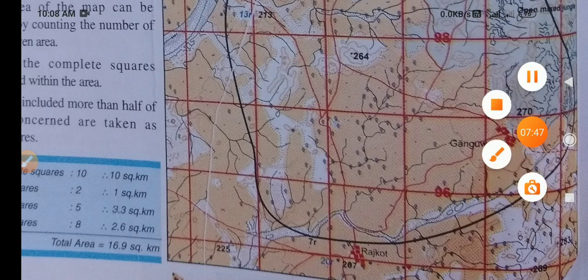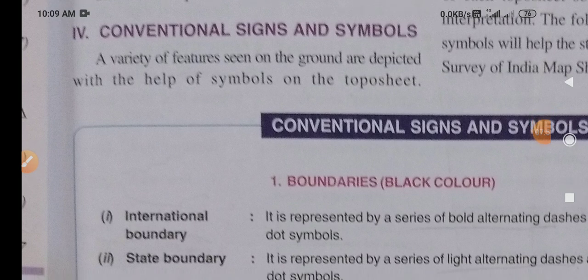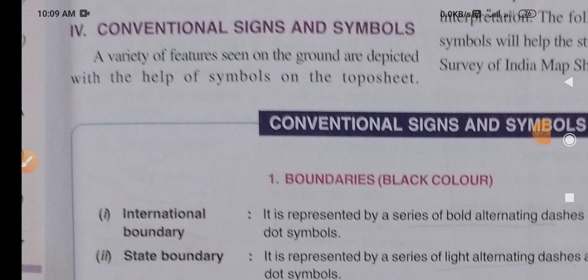Okay, let us study the conventional signs and symbols. It is also very important in every topographical map. At the bottom, these conventional signs and symbols will be given, but it is always desirable that you have some idea, that you have seen these conventional signs and symbols before you attempt the exam.